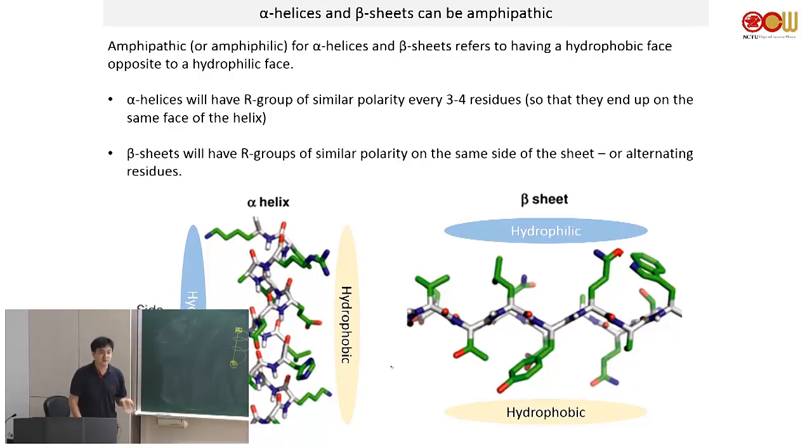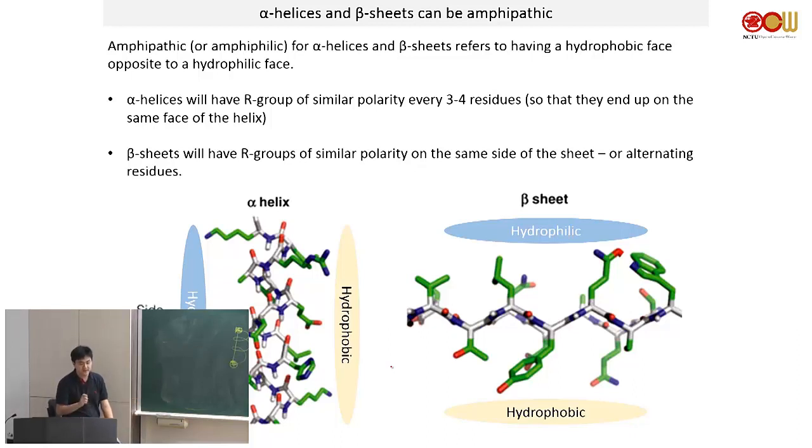A sheet also has two faces, this face and that face. Okay, so top face and bottom face, right? Because these structures can have three-dimensional faces, you can have different hydrophilicity or hydrophobicity on the different faces. And then that will give you a good advantage in binding and doing all sorts of different things.